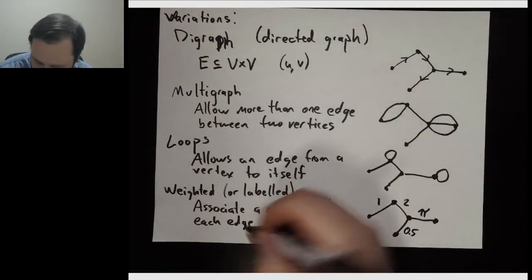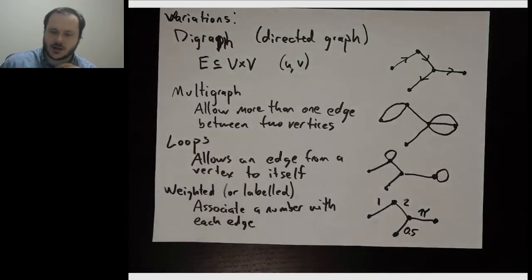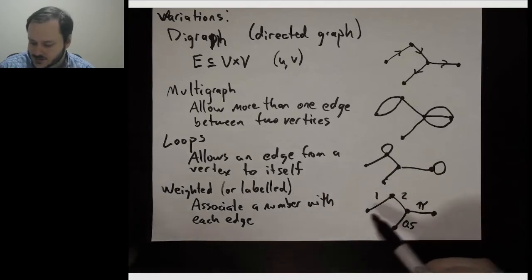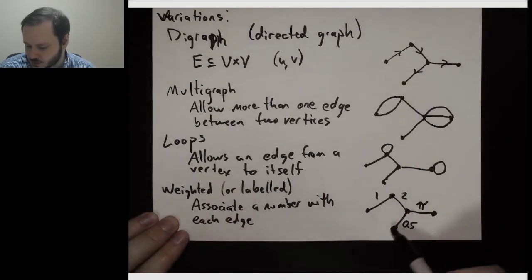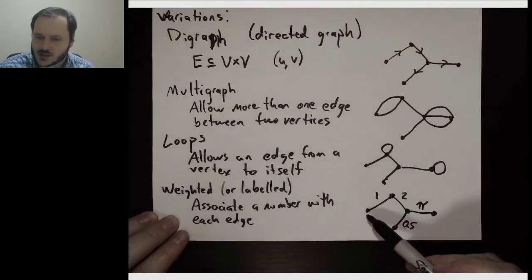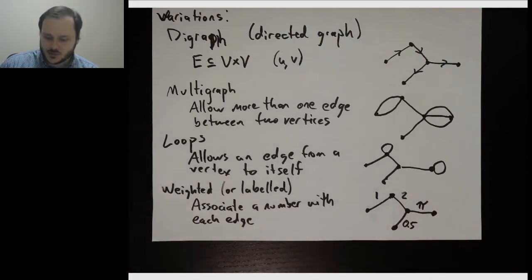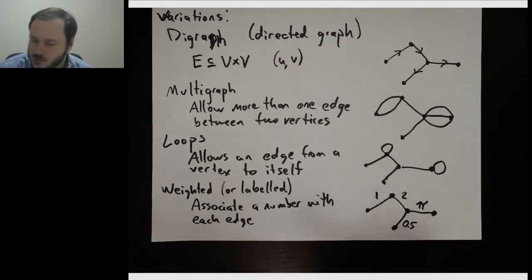And weighted graphs come up a lot in computer science. You can think of weighted graphs as maybe a distance between these vertices, or maybe a cost to go from one vertex to another. And so you can encode a lot of information in a weighted graph. And then you can ask your algorithm to find something about that graph.